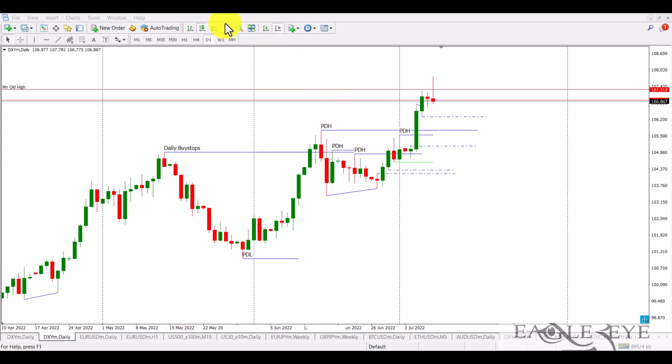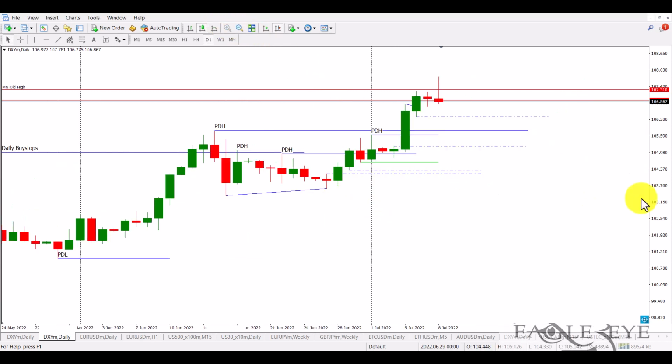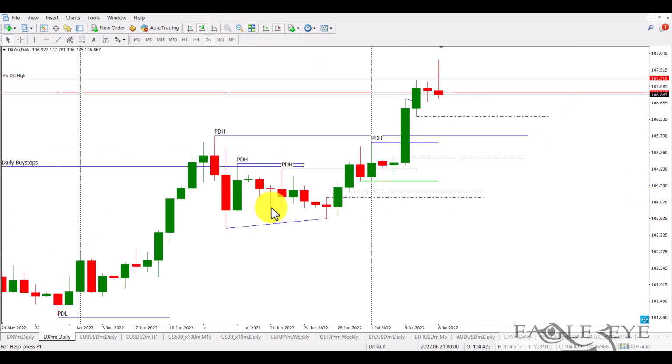In the previous video I talked about the fact that I was expecting price to reach into this particular high right here. This high was the nearest target. This particular candle is Sunday's open. This is Monday, Tuesday, Wednesday, Thursday, and then we have Friday.